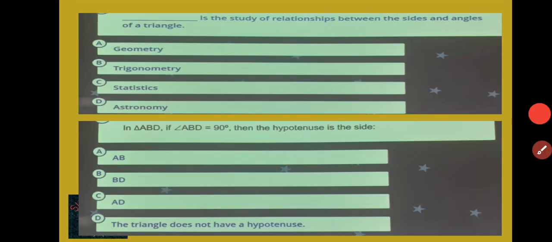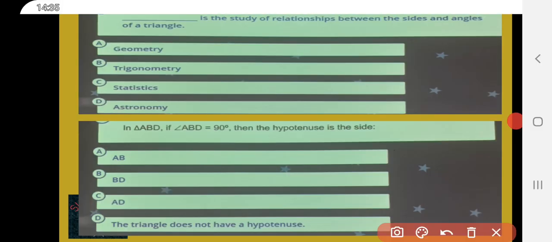Next, see here, first question: dash is the study of relationship between the sides and angles of a triangle. You know it, what? Trigonometry. Answer is trigonometry. Second question: in triangle ABD, if angle ABD is 90 degree, then the hypotenuse is which side?